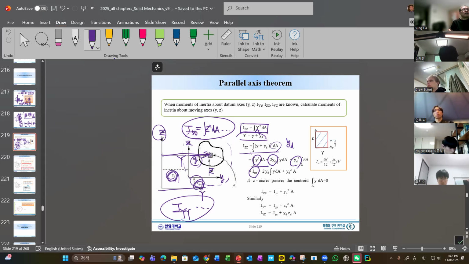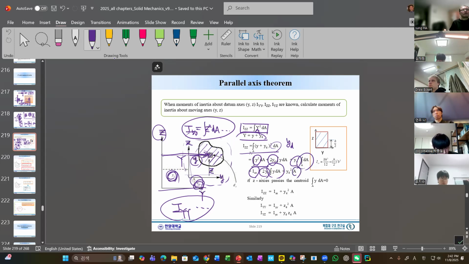And this one, by definition, IZZ is this cross-sectional property. We can have an IZZ with respect to this coordinate system. And then here, 2 yd times the integral of y dA, and what is this? yd squared times the integral of dA.